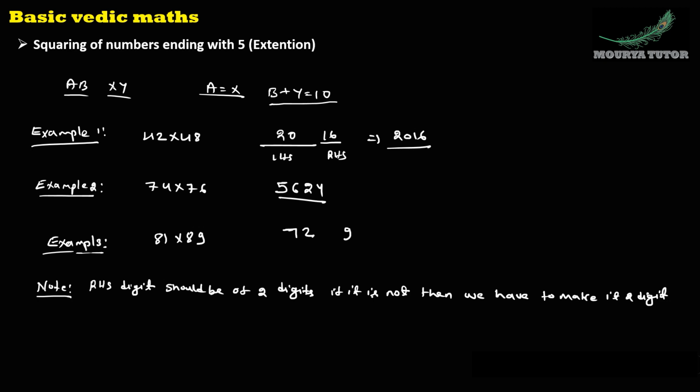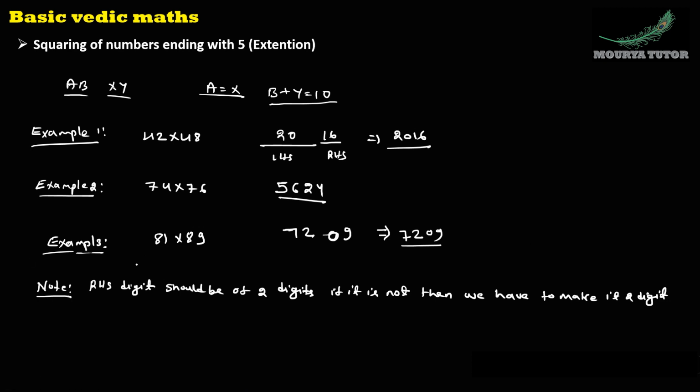If it is not, then we have to make it 2 digits. So how can we make it 2 digits? We just need to add 0 before 9. Now you can write 7209. This is your answer, right? Yes, and this is your answer.